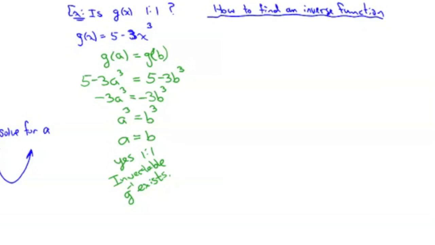Alright, steps. Usually in math, if you have steps, you can at least follow them for the first few times, figure out what the heck you're doing. So step number one, not so obvious, change f of x back to what it used to be.